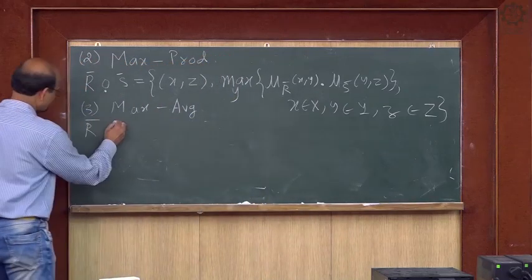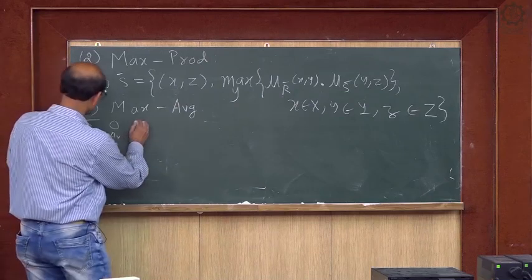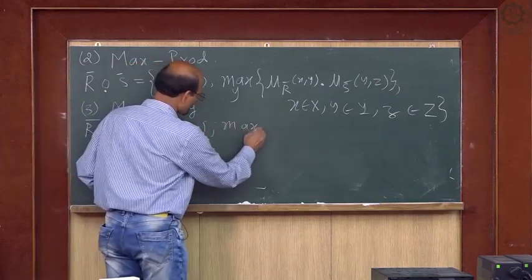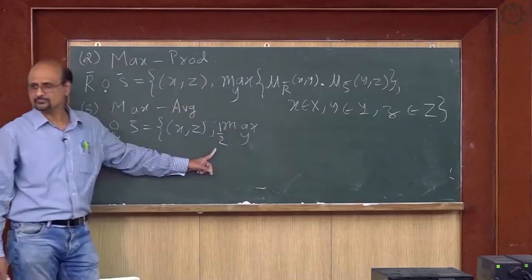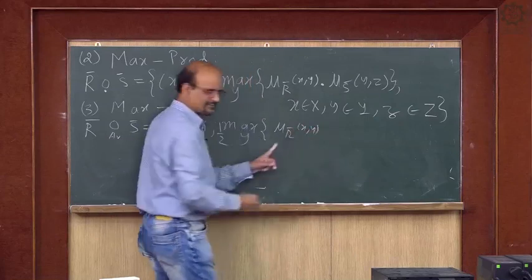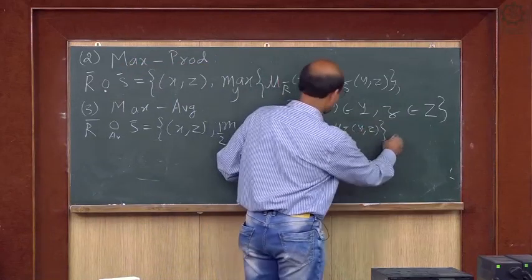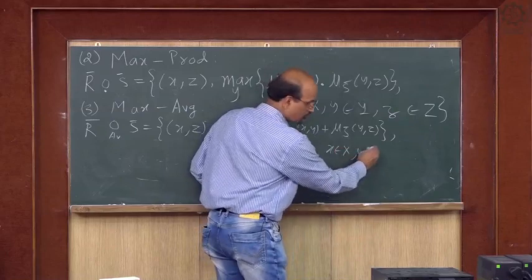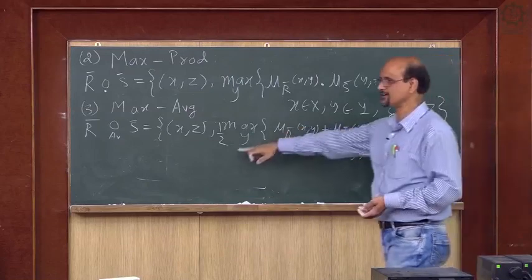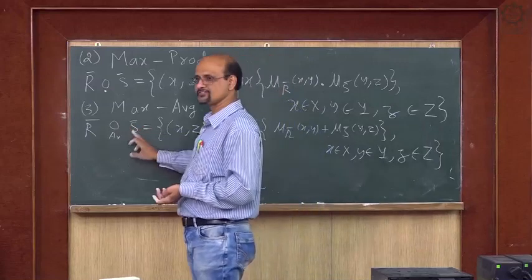That means you have R, here I will write AV for average, is equal to x z, and we will have max over y, and I will write half average, mu R bar(x, y) plus mu S bar(y, z), or you can take inside also, no problem, and x belongs to X, y belongs to Y, z belongs to Z. So, here what you will do, you will add and take, then divide by 2 for R and S and form the R average S bar.